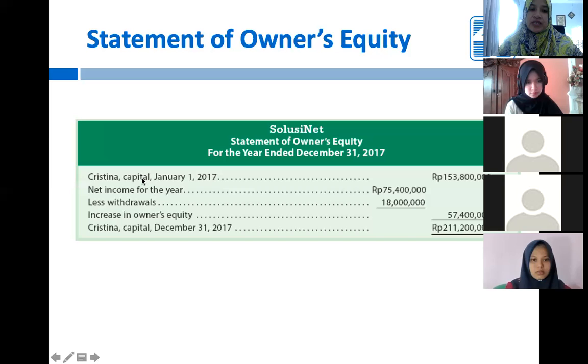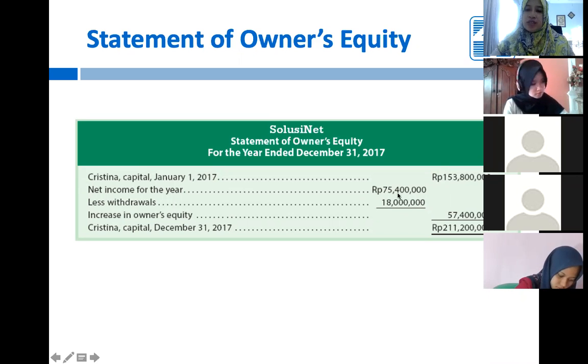So the opening capital, how much, and then plus net income. If it is a net loss, then it will be minus, right? Net loss, and then less withdrawals, and then how much results in the increase of owner's equity. 75,400,000 minus 18,000, so it will give us the increase in owner's equity.